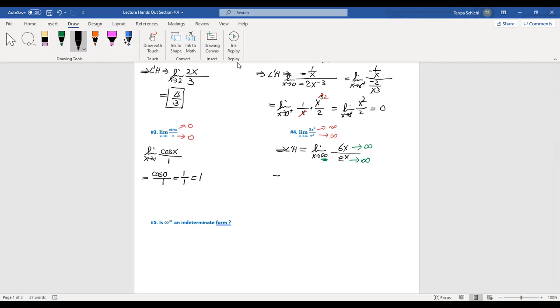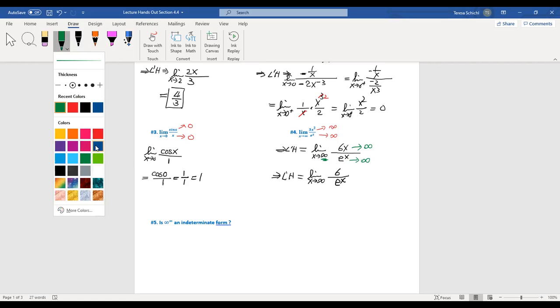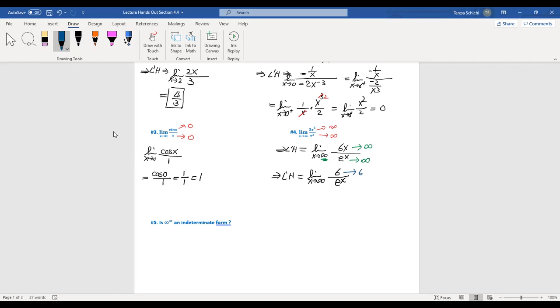So I say, okay, let's take a look at L'Hopital's rule one more time here, right? So this is x approaches infinity. Now let's take a look at the derivative. So this is 6 and this is e^x here. Now let's take a look at this one. The 6, so this will be 6, right?